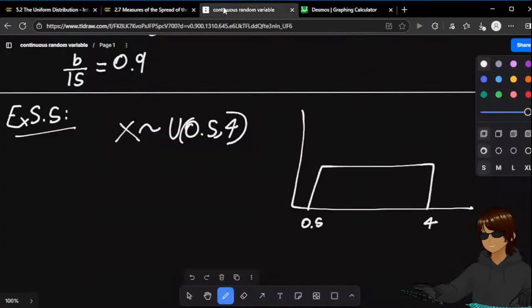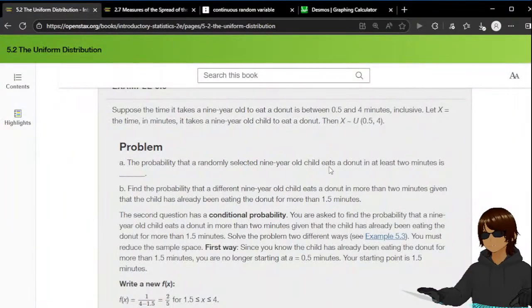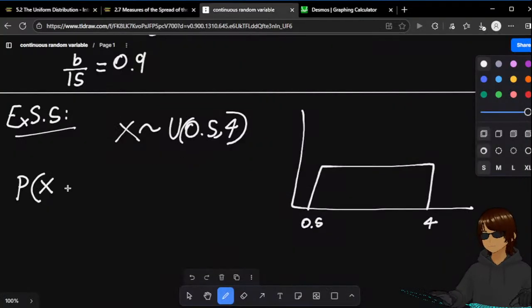In at least 2 minutes. Child eats a donut in at least 2 minutes. So is that before 2 minutes? They mean within 2 minutes, right?